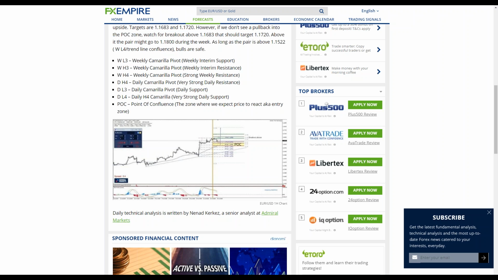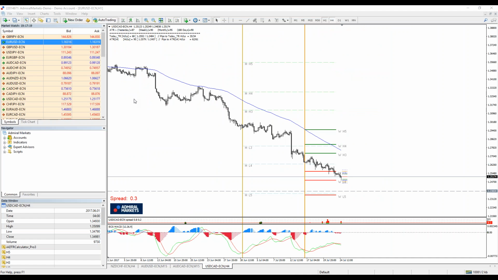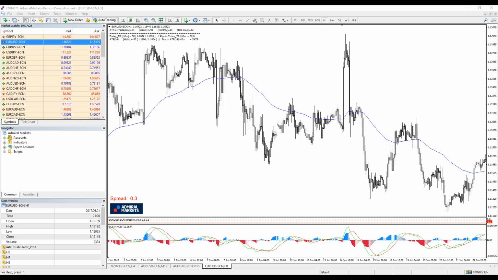Guys, be patient, please. Euro dollar still has the room to go up. Okay, so we will need to wait just for this chart to update. Regarding Camarilla, just send me an email to tarantulafx@gmail.com and I will explain.